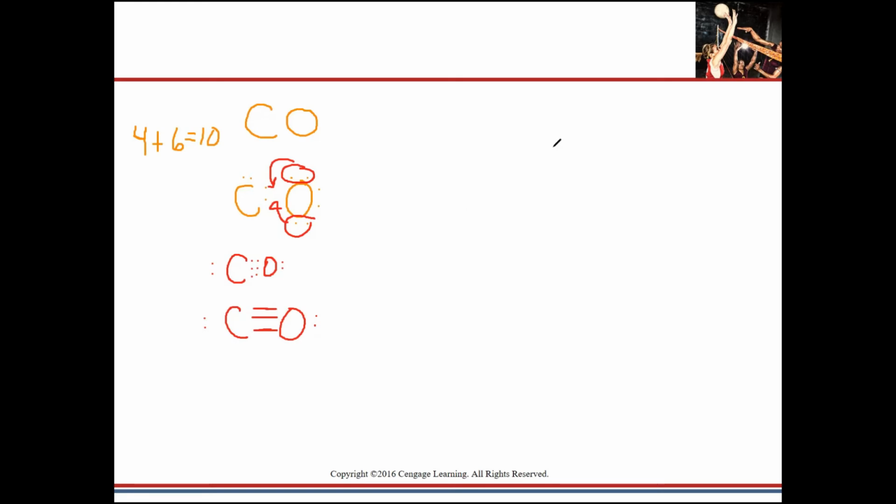Okay, so what about the CO2? Carbon in the middle, and it has 2 oxygens, one on each side. And oxygen has 6 valence electrons. You can use the bonds in between to join them.